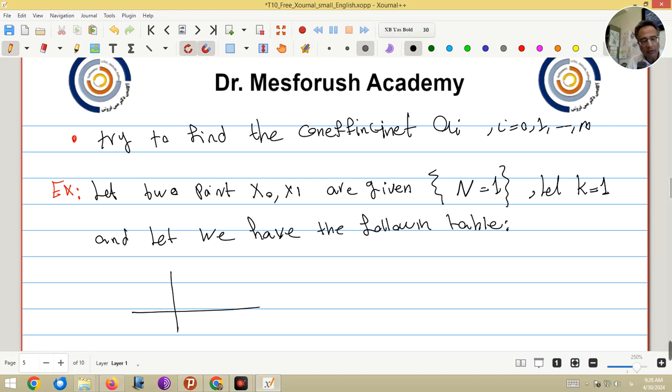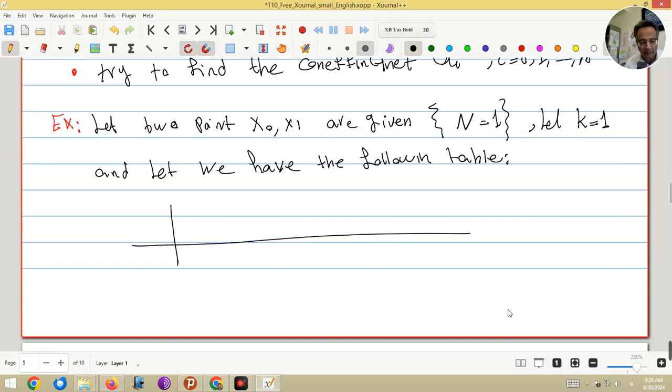Okay, let me consider something like this. Let's consider x0 and x1. x0 is, for example, 0, and x1 is equal to 1. Also, let's say we have f0, f prime 0, f1 and f prime 1.